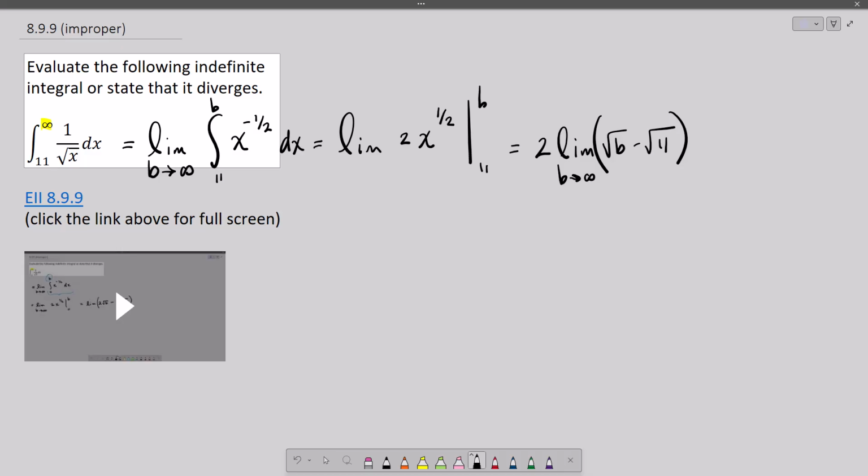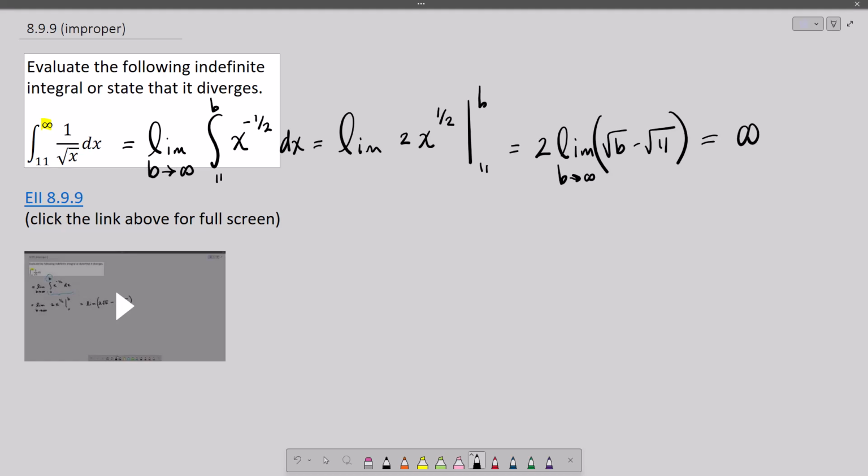Does that limit exist? No, that limit does not exist because the square root of b as b goes to infinity is going to infinity. Infinity minus a constant is still infinity. So it's best to say that this limit is infinity.